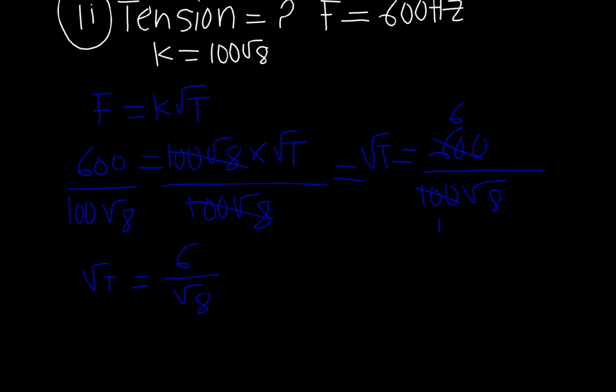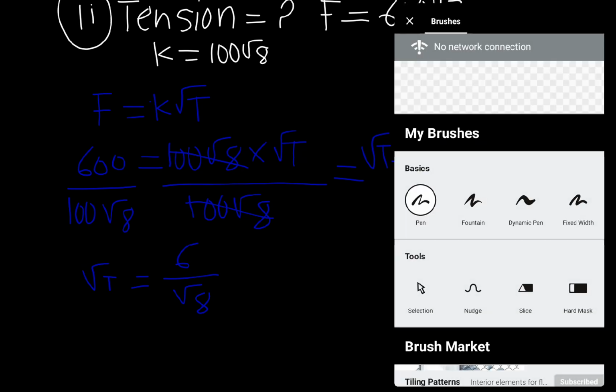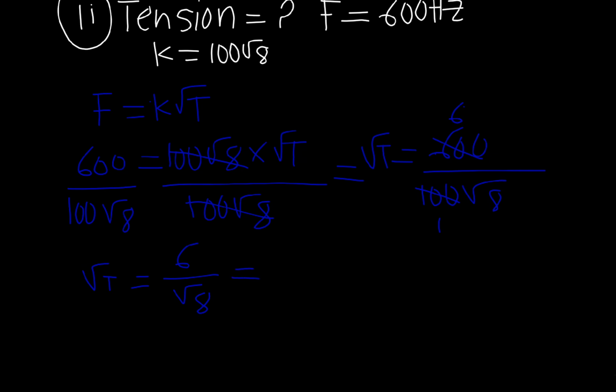And next, we'll square both sides in order to remove the square root from your T, and this will be written as the square root of T in brackets raised to the power of 2 equals 6 over square root of 8 raised to the power of 2. The square root, if it crosses to the other side, becomes raised to the power of 2.